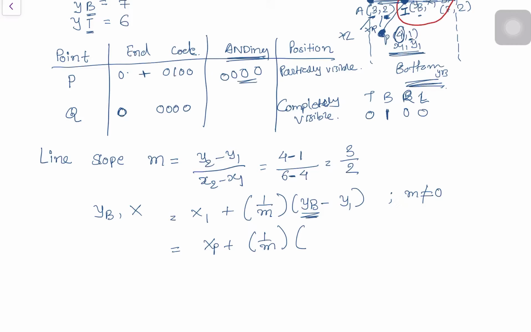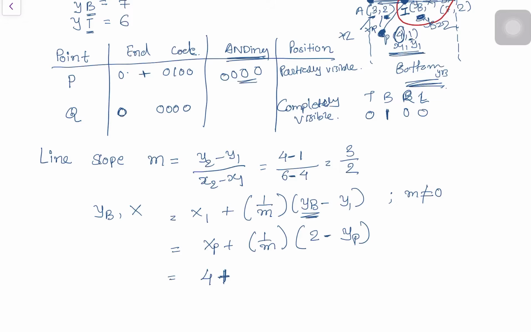This one is the value of yb. Yb is equal to 2. So 2 minus y1, means yp, point of yp. So let us put all the values of this. Value of m is equal to 3 by 2, and 1 upon 3 by 2 is 2 by 3.